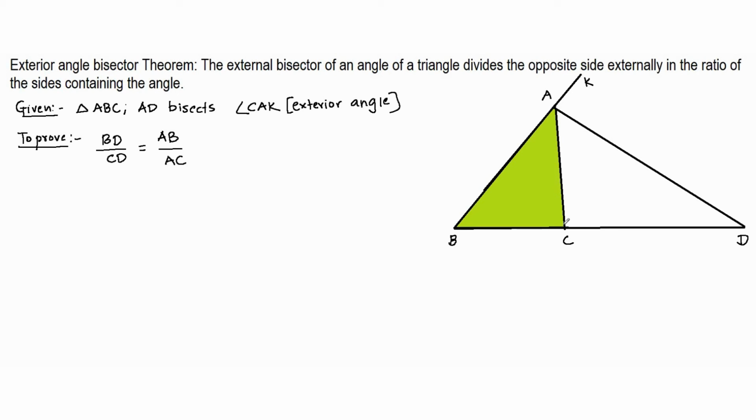So angle CAK is the exterior angle of the given triangle, and AD is the angle bisector of this exterior angle, which means that the measures of these two angles are equal to each other. Now we have to prove that BD divided by CD is equal to AB divided by AC.